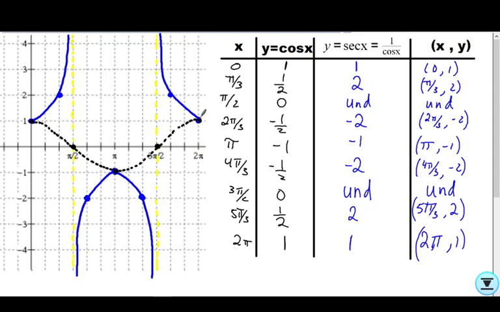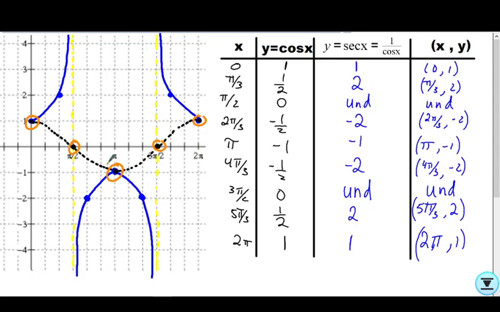And again, just like with cosecant and sine, notice where cosine has its zeros, that's where secant has its asymptotes. Where cosine has its maximums and minimums, that's where secant also has its maximums and minimums, just the reverse.